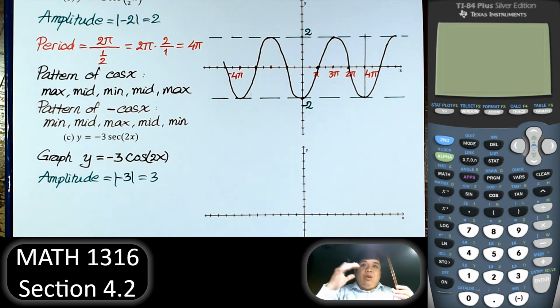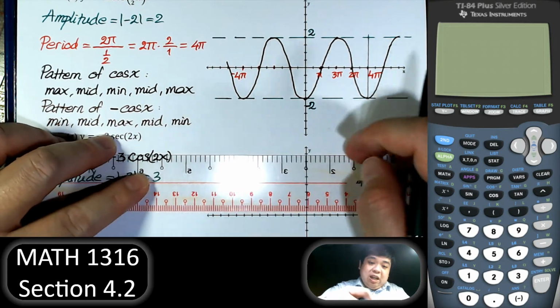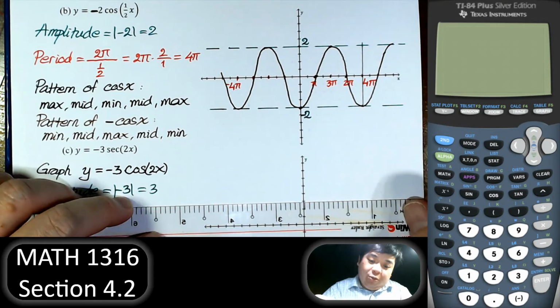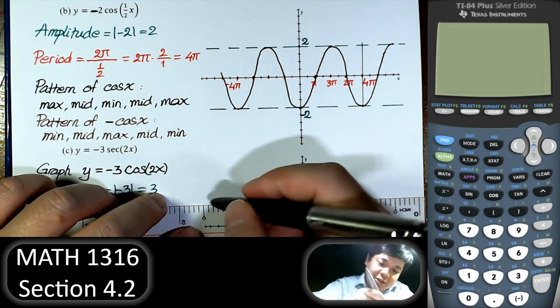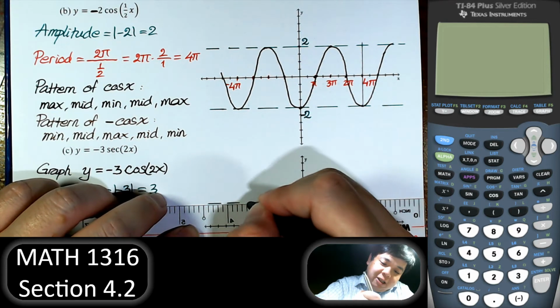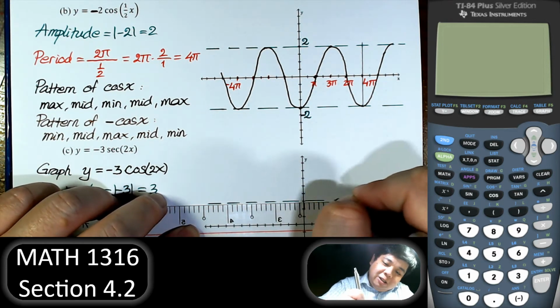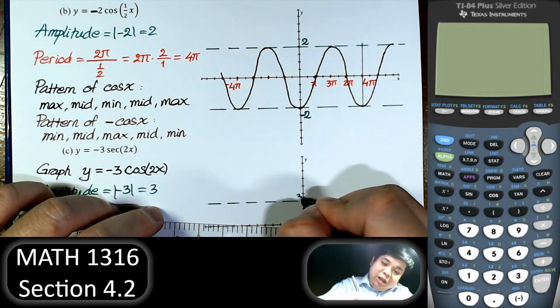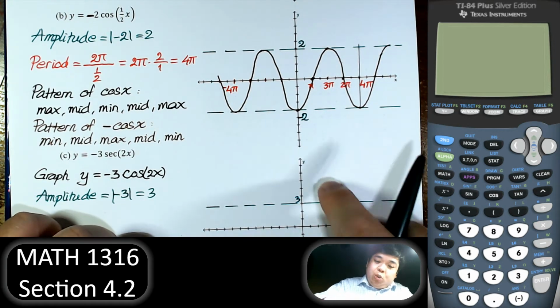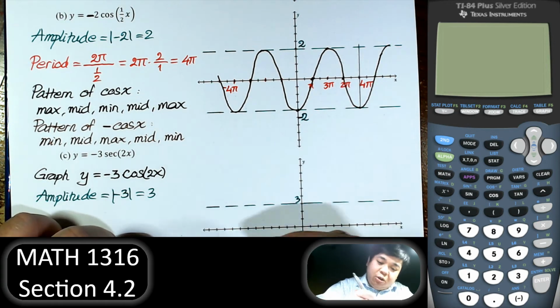Once again, the graph bounces off the maximum and minimum, so we don't want to stop at 3 here, because then we don't have any room for the graph to bounce off. So I choose 3 here and negative 3 here, so when the graph bounces off of that, it will look more reasonable.